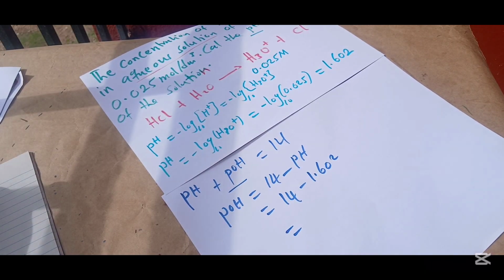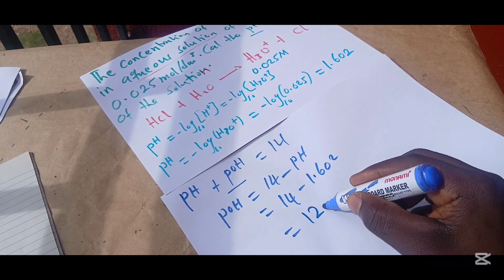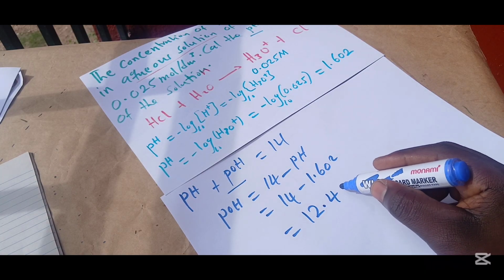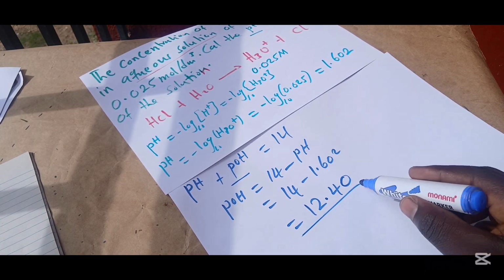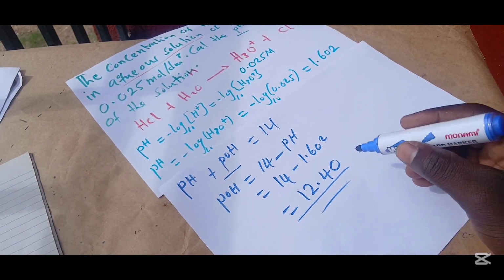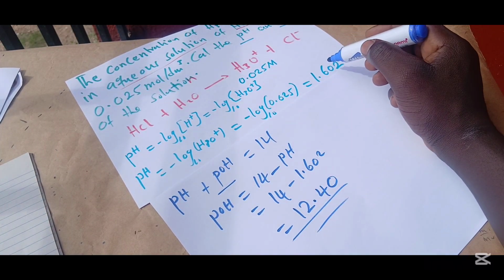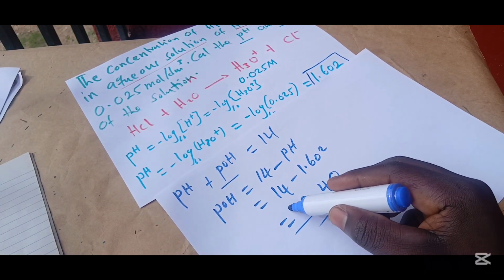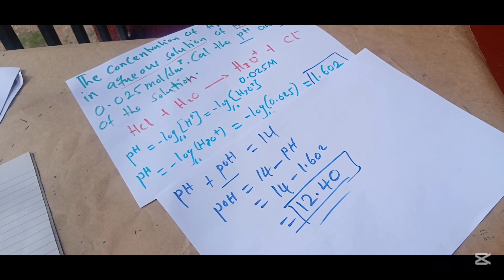So on your calculator, 14 minus 1.602 gives us 12.398, approximately 12.40. So in summary, the pH of the solution is 1.602 and the pOH of the solution is 12.40.